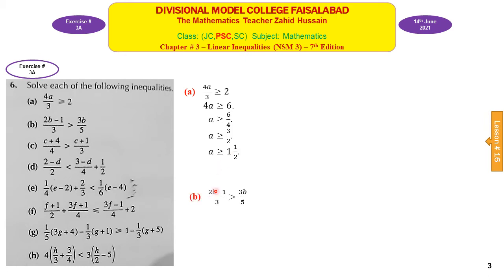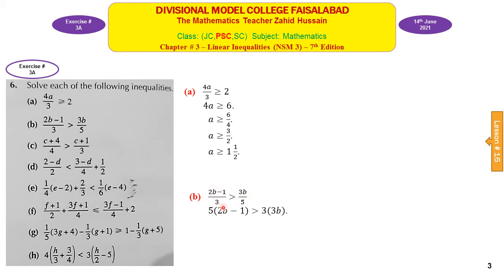Its b part is (2b minus 1) over 3 greater than 3b over 5. Now again this inequality has fractions, and the denominators of the two fractions are 3 and 5. So multiply both sides of this inequality by 15. Multiplying this by 15, 3 5s are 15, the 5 cancels, or cross multiply.